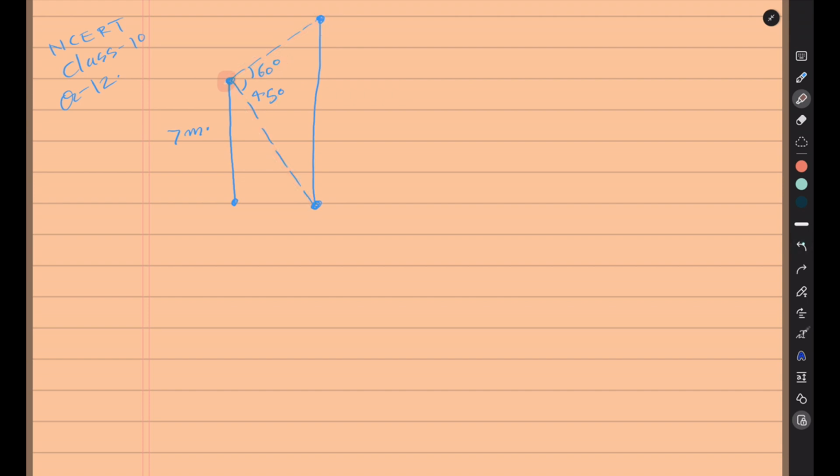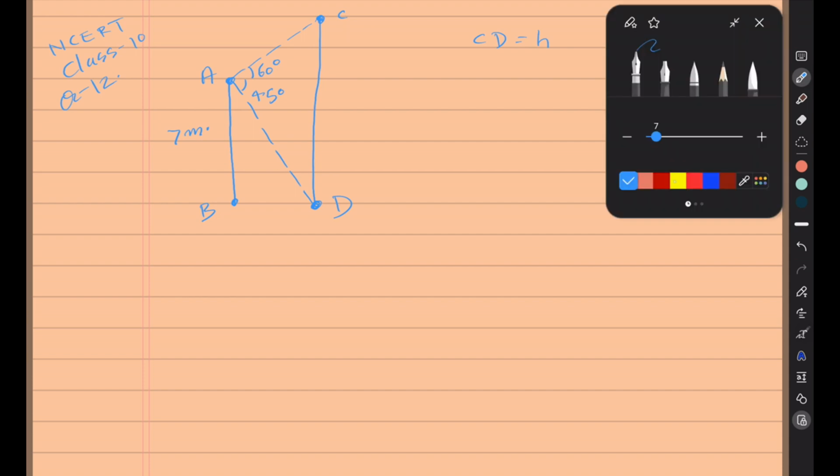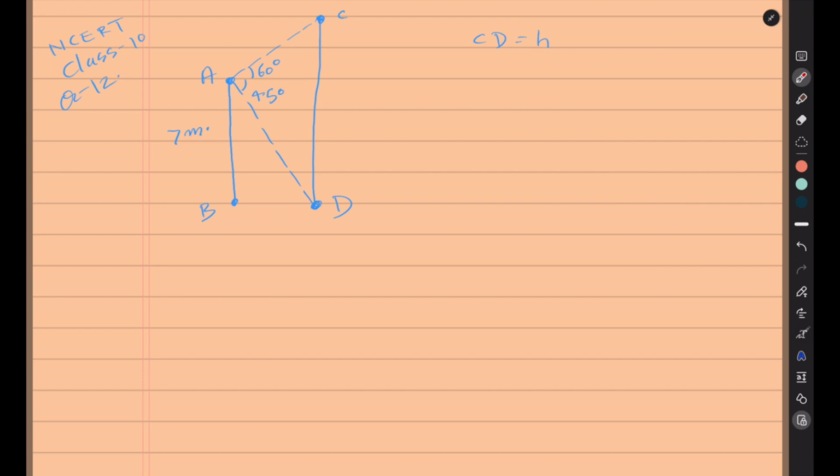So we will just try to make the naming here. Let the building be A and B. AB is the building which is 7-meter high, and then the cable tower is CD, which we want to find out. CD, let it be H meter. I will just use a different color so that you know what we have done in the construction.